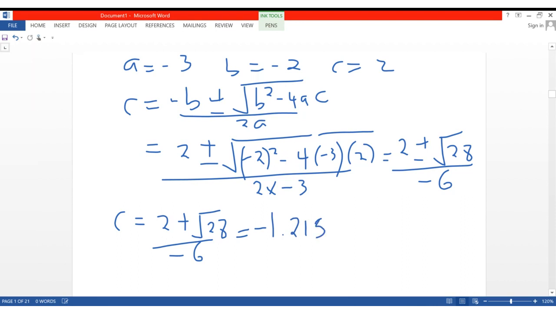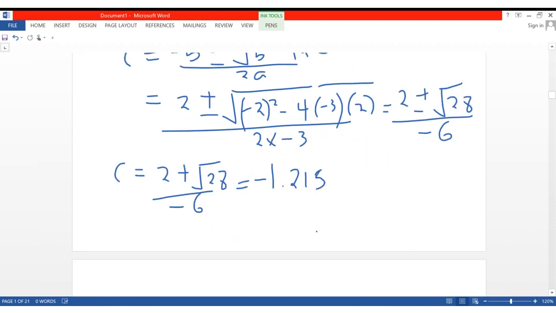The next answer that I have for c will be with the negative: 2 minus the square root of 28, divided by negative 6. So that is 0.55. Now we go back to our interval that we are given.